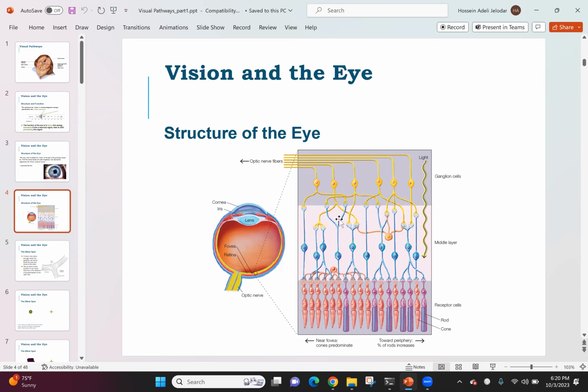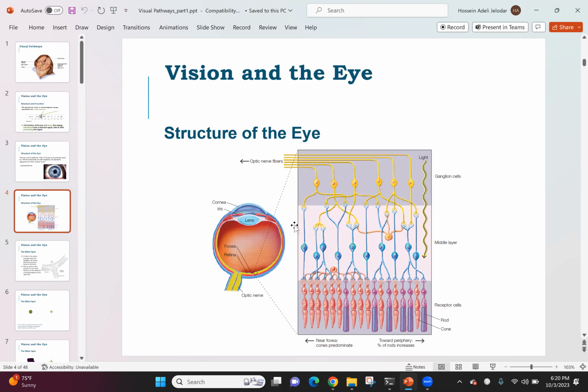Let's say the light goes through all these cells to reach the photoreceptors, and the ganglion cells are out here. All of these axons have to leave the eye somehow. So that happens here. Imagine these yellow things are the ganglion cells.